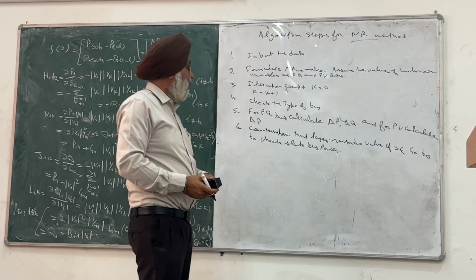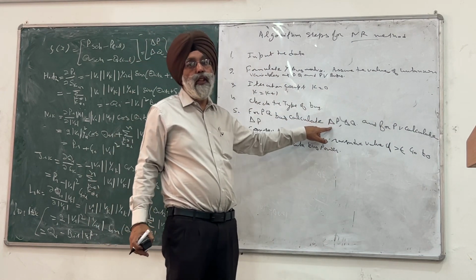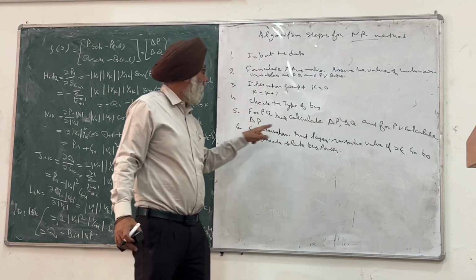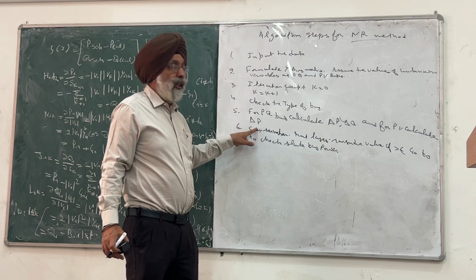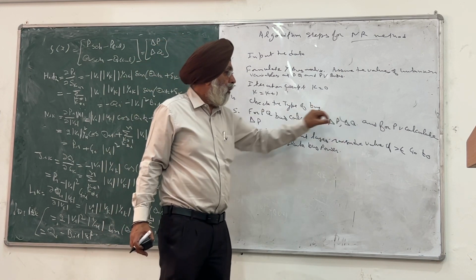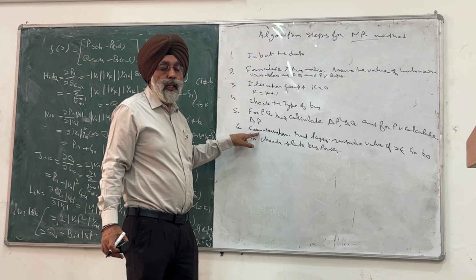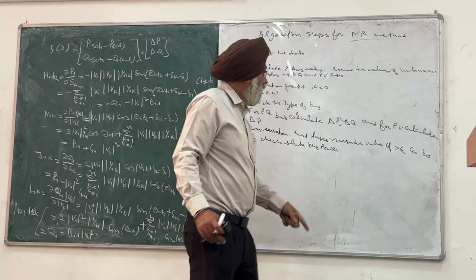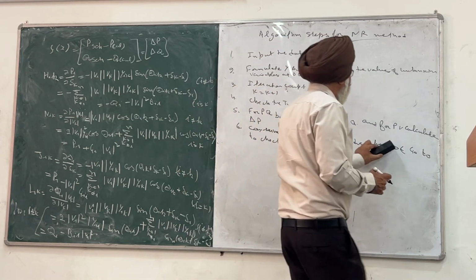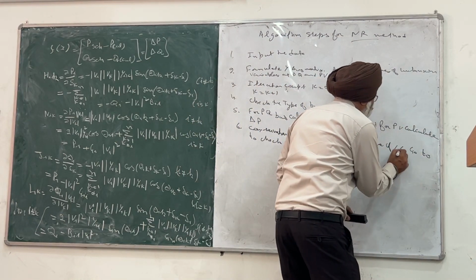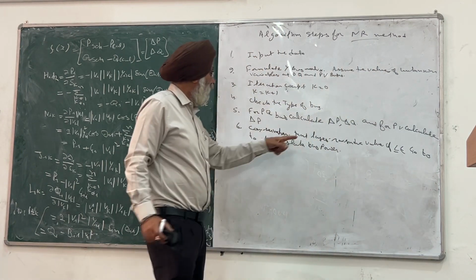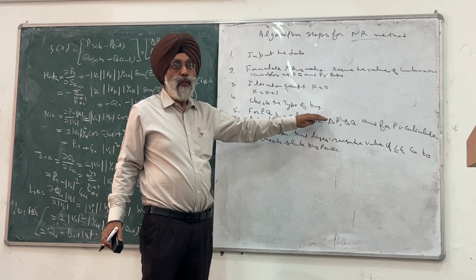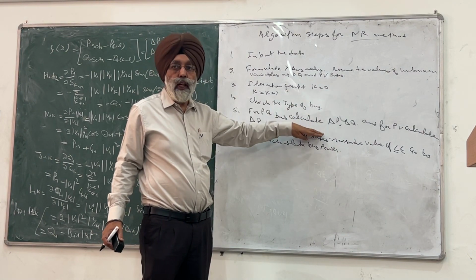Means if the differences which we have calculated, delta P and delta Q for the PQ bus and delta P for the PV bus, and the maximum value of these is greater than epsilon, then we go on. If it is less than or equal to epsilon, then we have reached sufficient accuracy, so we have found the accurate values of V and delta.